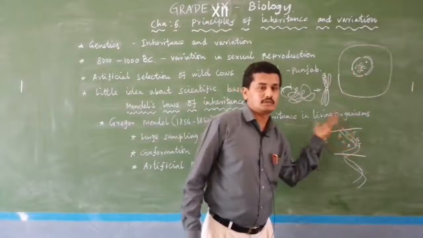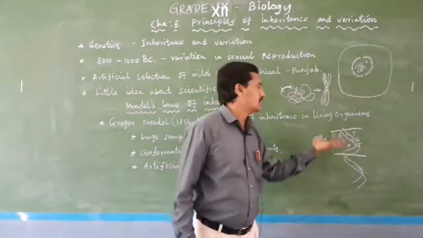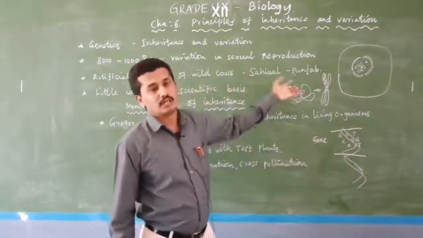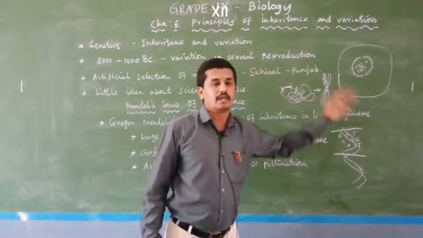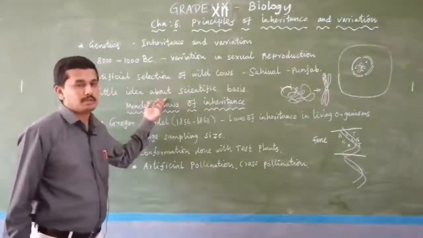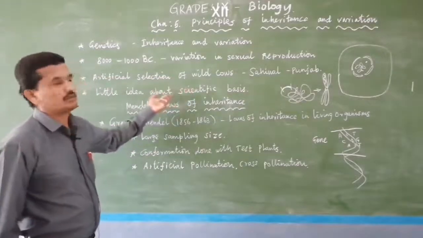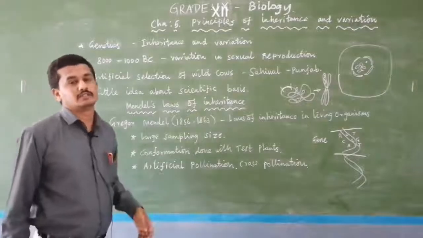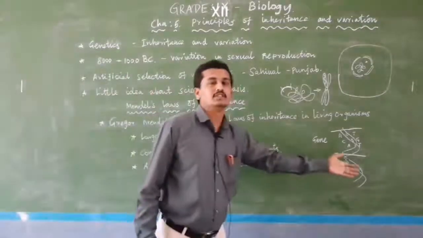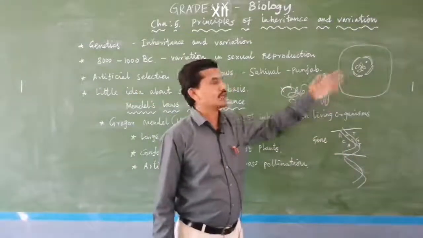But 200 or 500 years ago, people had no idea about DNA, genes, chromosomes and the nucleus. That is the scientific basis. People knew of variation in sexual reproduction but not its scientific basis, meaning they did not know about genes, DNA, chromosomes or the nucleus.